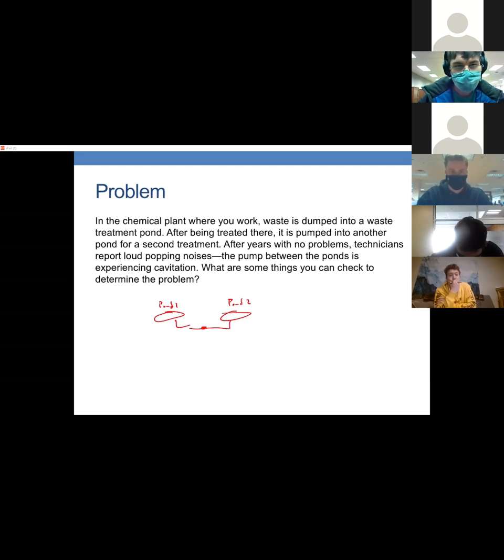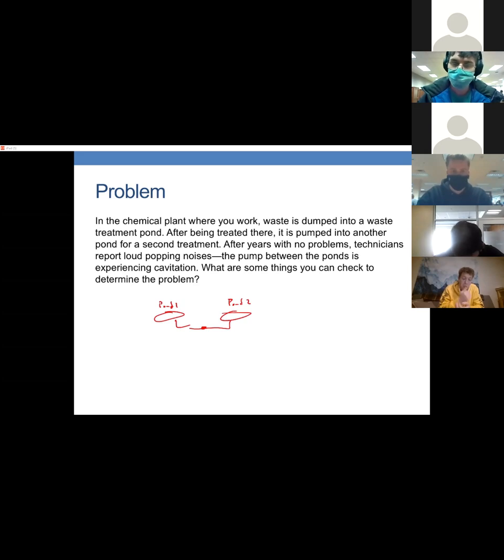I mean, that would just change the delta Z for the whole equation that we had earlier. Exactly, it changes the Z1 to Z2 difference, so it would change the NPSH. Yeah. Something that is likely is that the level in pond 1 has started to drop for some reason. Or maybe the level in pond 2 is going up, but the more likely version is the level in pond 1 dropping.